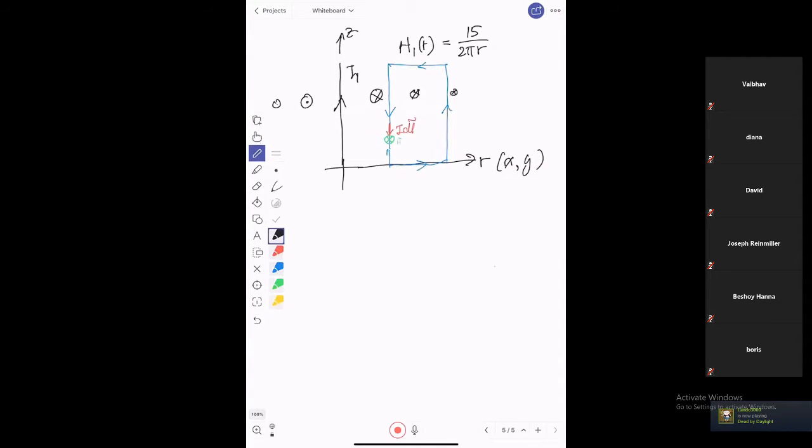So here, the force on this element is dF magnetic force. Again, forces are vectors, right? So dFm is equal to I, in this case, the second current, I2 dl cross with whatever magnetic field is produced by the first current. Okay, any questions?